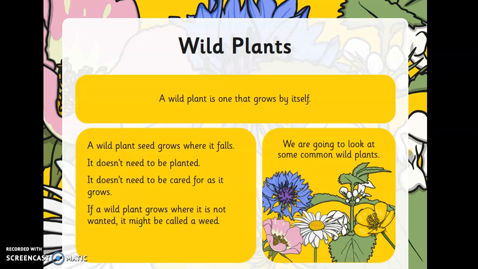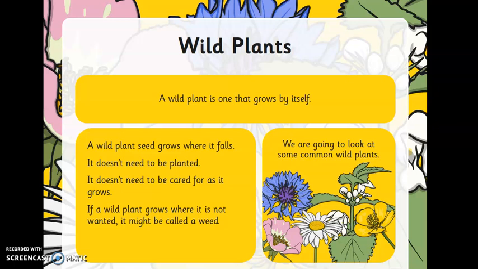So wild plants. A wild plant is one that grows by itself. It's where the seed has dropped, where it's fallen from either a bird dropping or by the wind, and it starts to grow. It doesn't need to be planted. It doesn't even need to be cared for as it grows. If a wild plant grows where it's not wanted, some people in their garden think it's a weed.